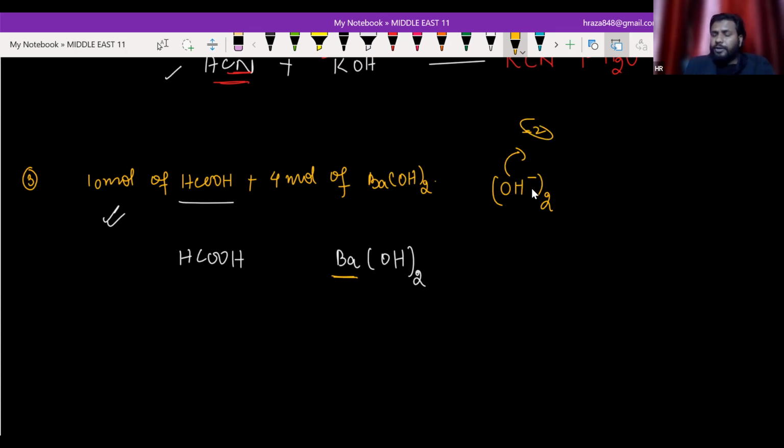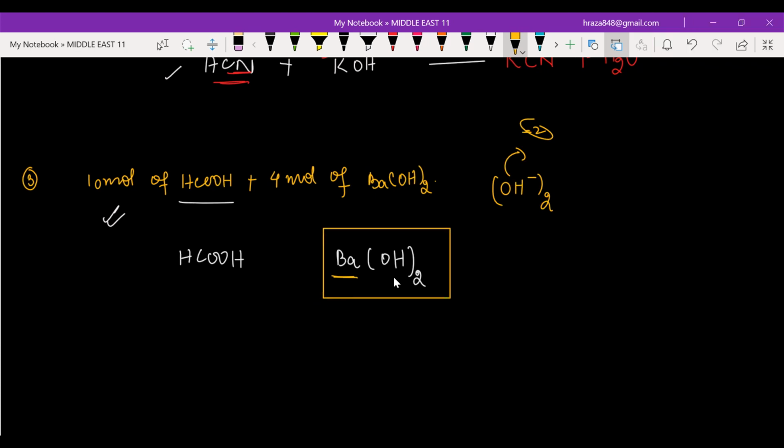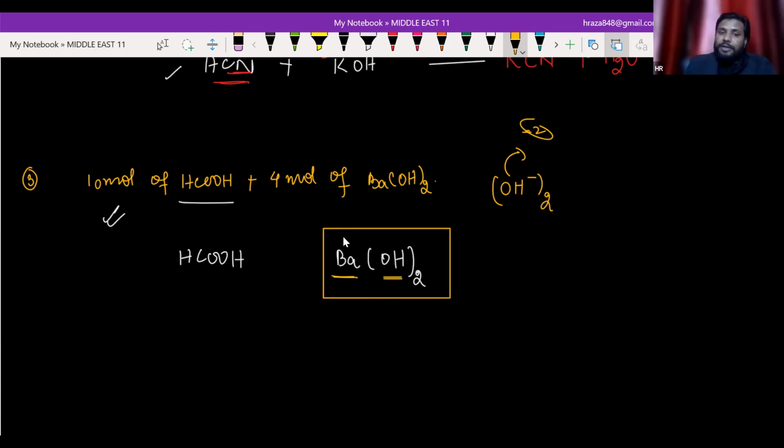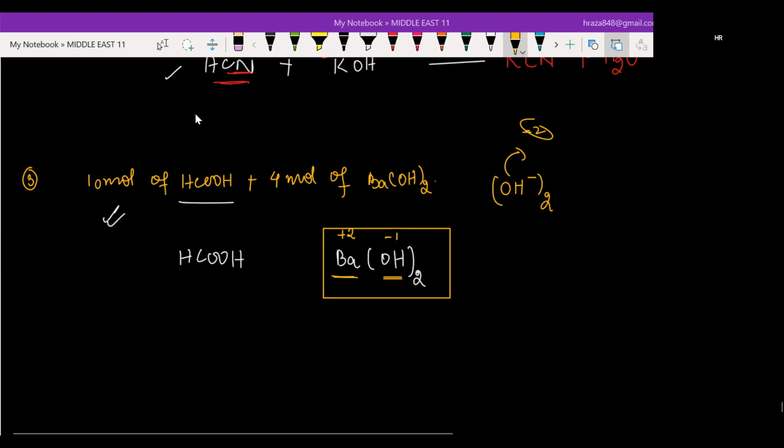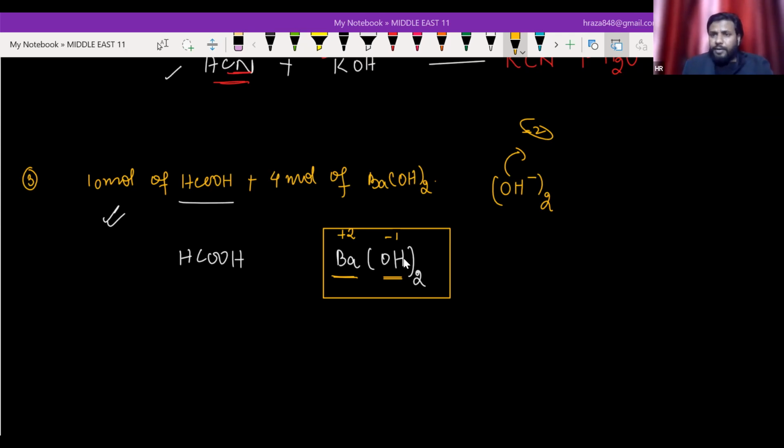Are you seeing any charge on this molecule? No, sir. Total charge on OH is -2, that means Ba has +2 charge. We always represent the charge of one atom or one molecule, so this is -1 and this is +2.